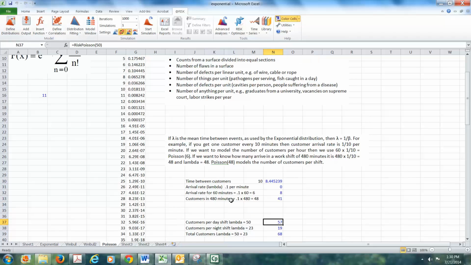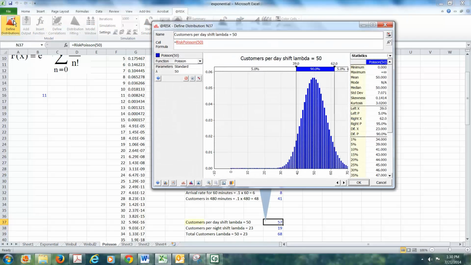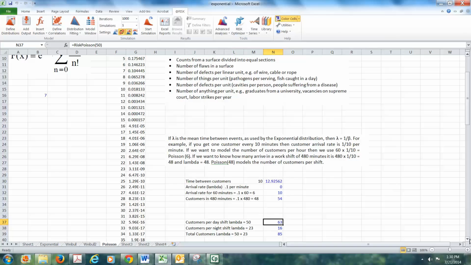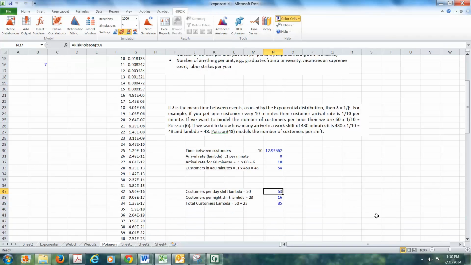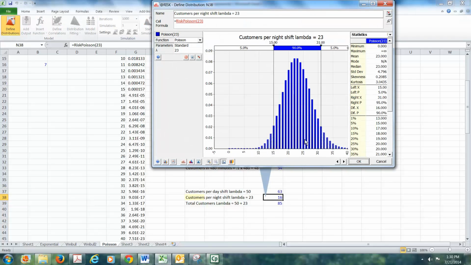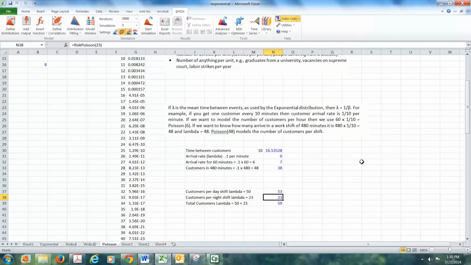Then we have a Poisson distribution here with lambda of 50. Now we have some other lambda, let's call it B. In this case, let it be 23 customers. The night shift has an average of 23 customers, and you can see that here. So we have the variability, the variation that you could expect with that lambda of 23, and you saw the variation with the lambda of 50.